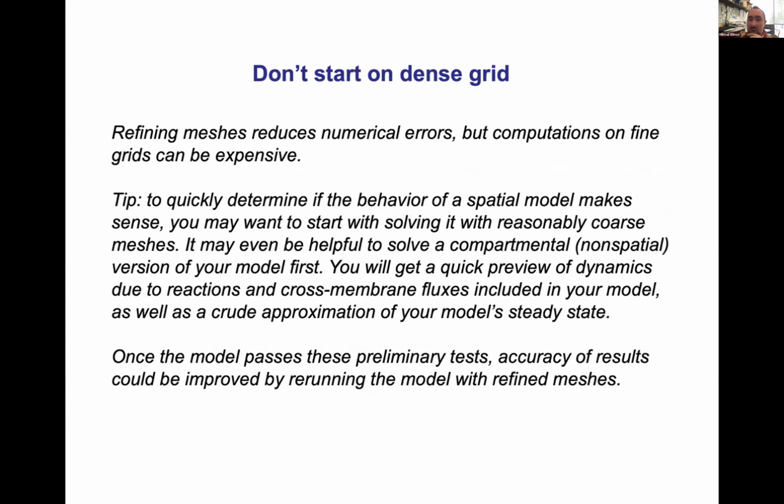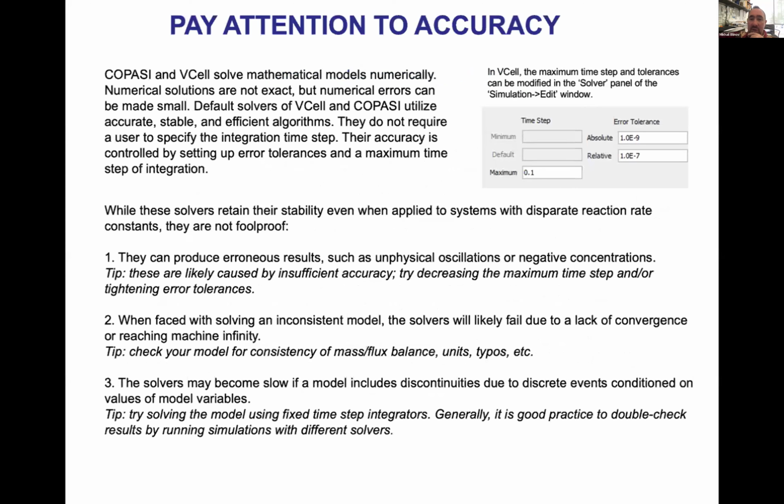For a spatial model, the grid: again, there is a trade-off between accuracy and speed of simulations. You may have a very dense fine grid, but then your simulations will be stuck forever. Again, accuracy. There are simulation parameters, like absolute and relative tolerance and so on.